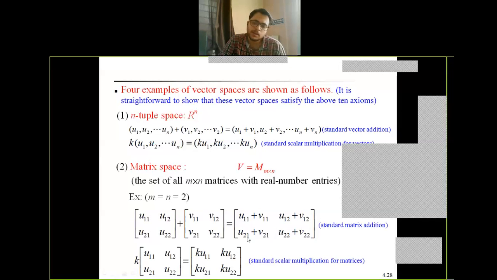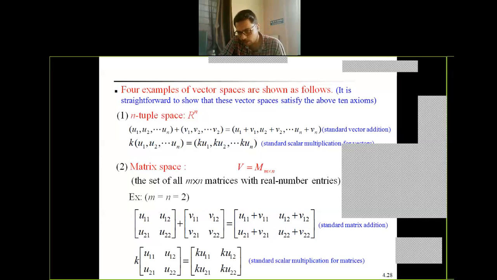If these two matrices u11, u12, u21, u22 and v11, v12, v21 and v22 are closed under vector addition.